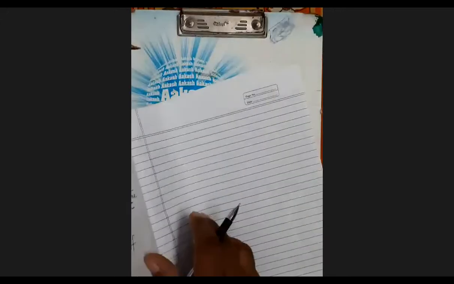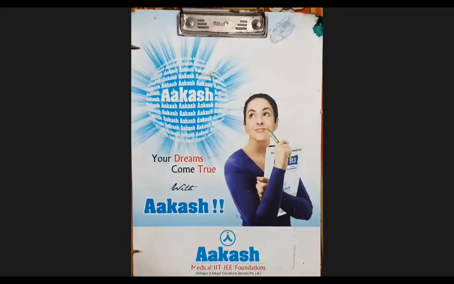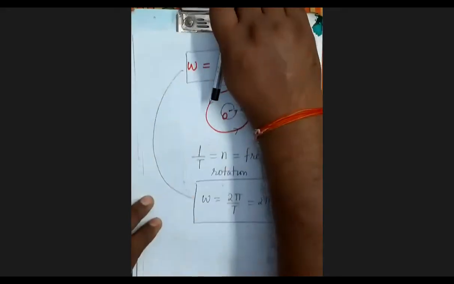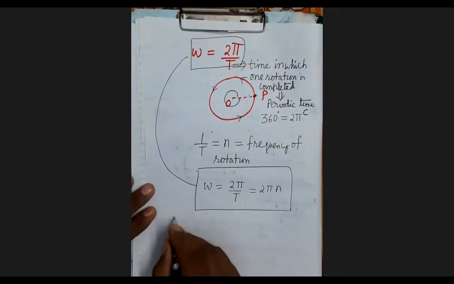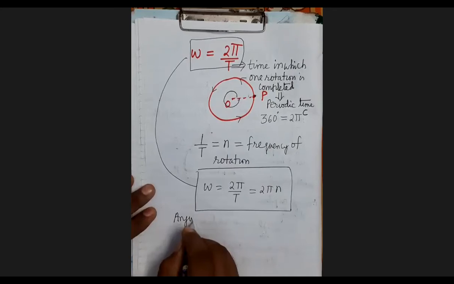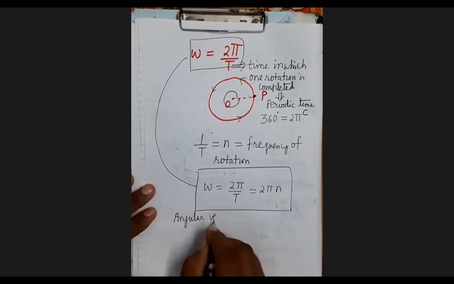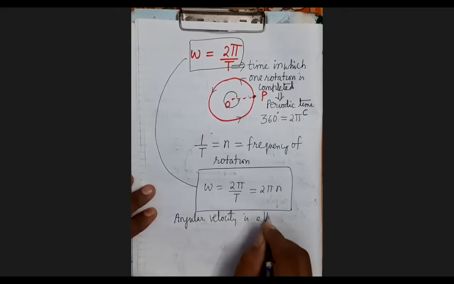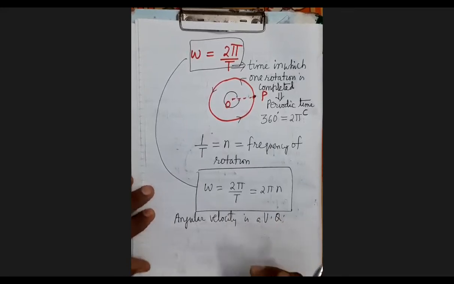Now, what type of quantity is it? So angular velocity is a vector quantity. What will be the direction?